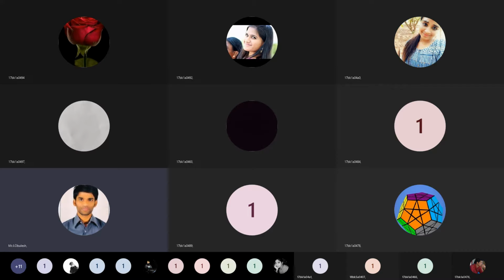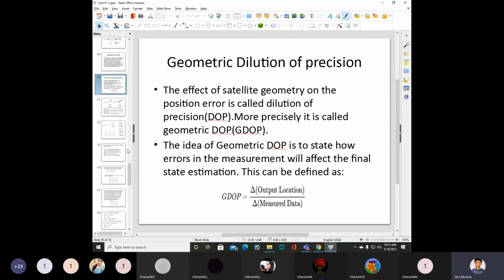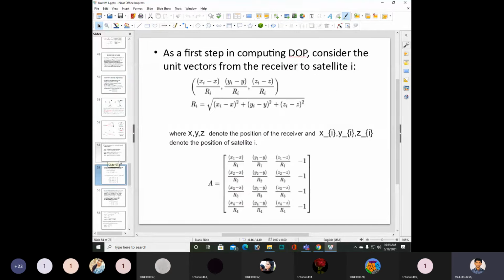Geometric dilution of precision, right? Under that we are going to discuss the first step in computation of dilution of precision.